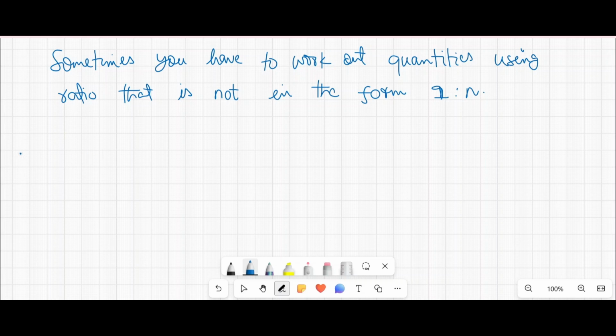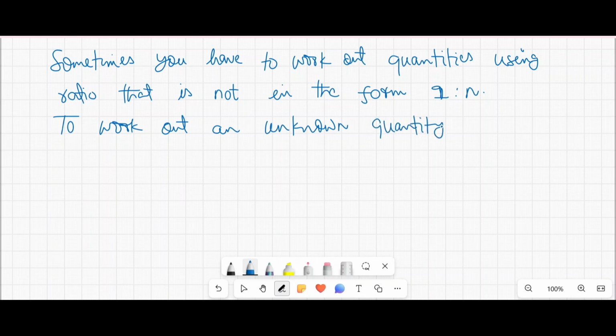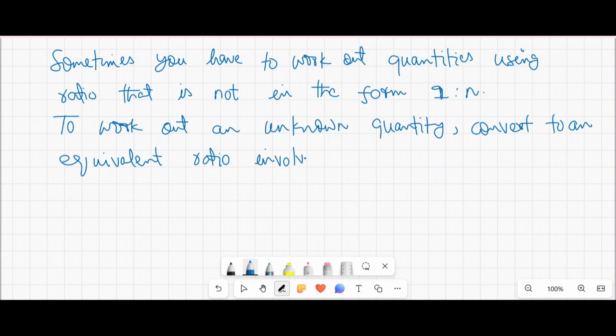So to work out an unknown quantity, convert to an equivalent ratio involving the unknown quantity. So what we'll do is work out an unknown quantity, convert to an equivalent ratio involving the known quantity.